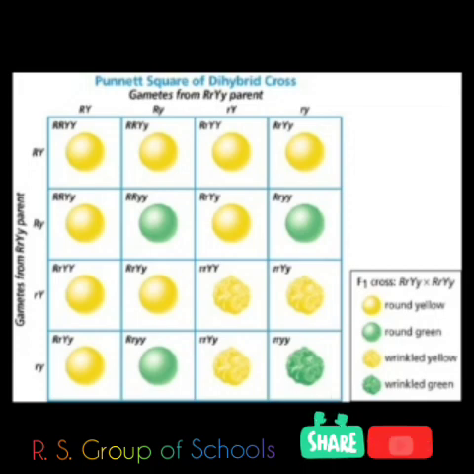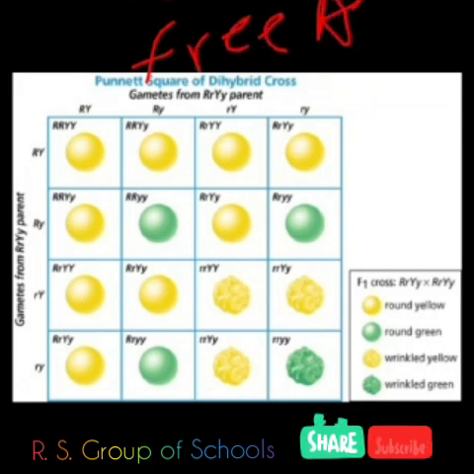The third law is the law of independent assortment. In this law, all the characters separate independently into the F2 generation. Mendel took round yellow and wrinkled green seeds.